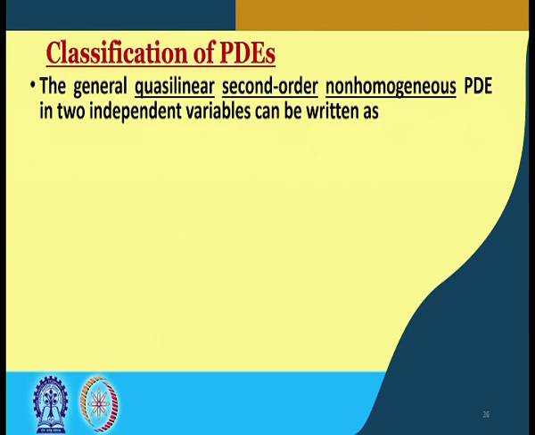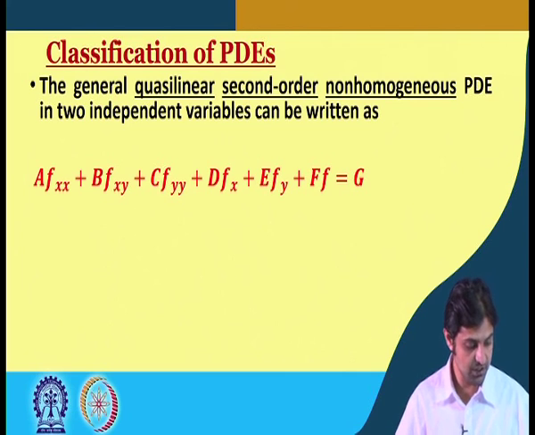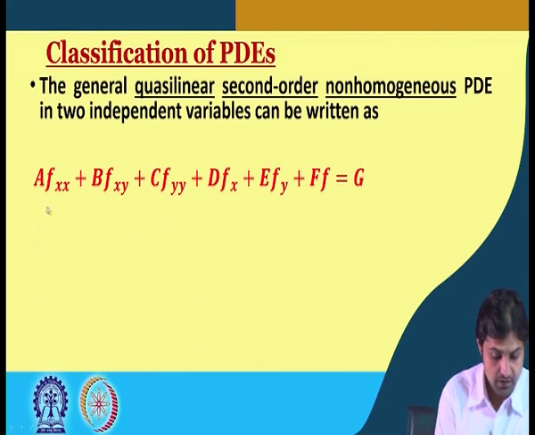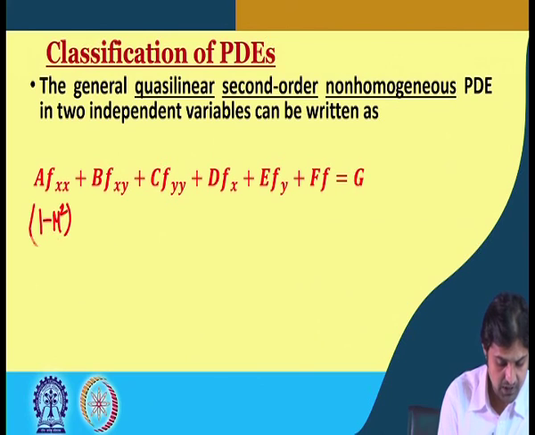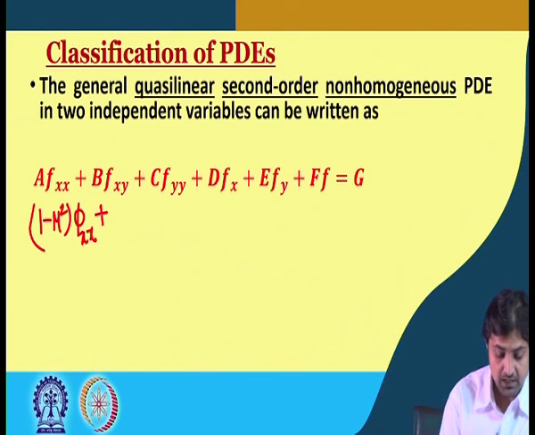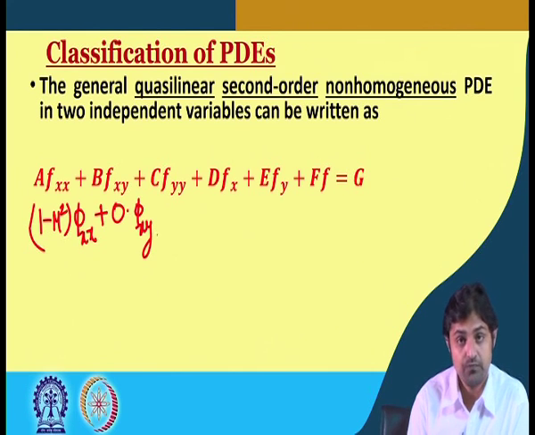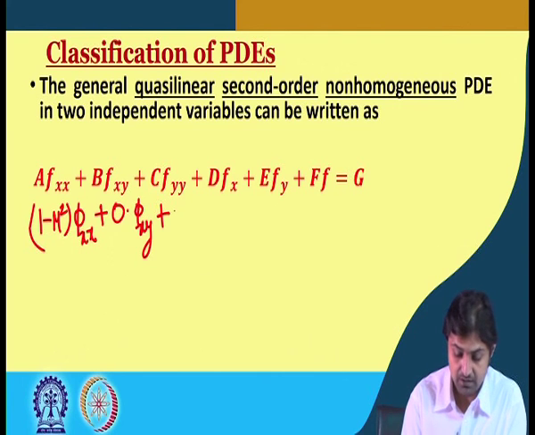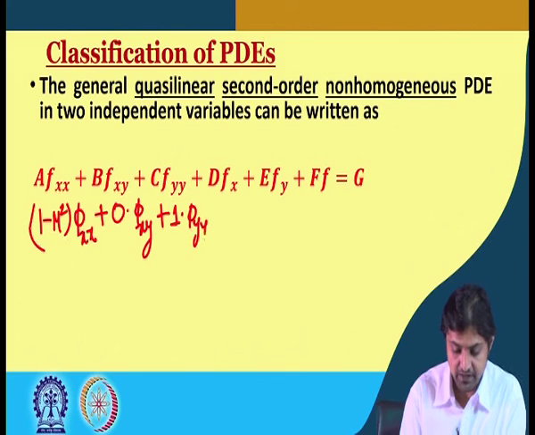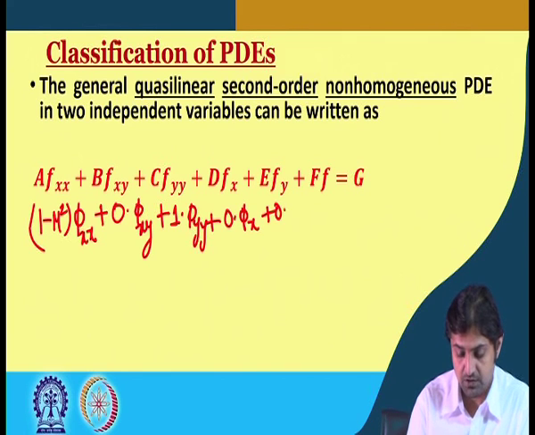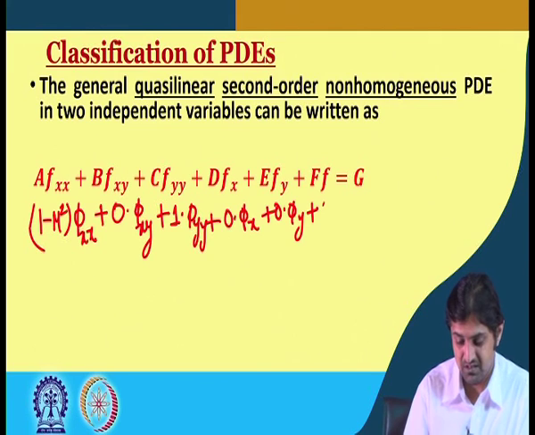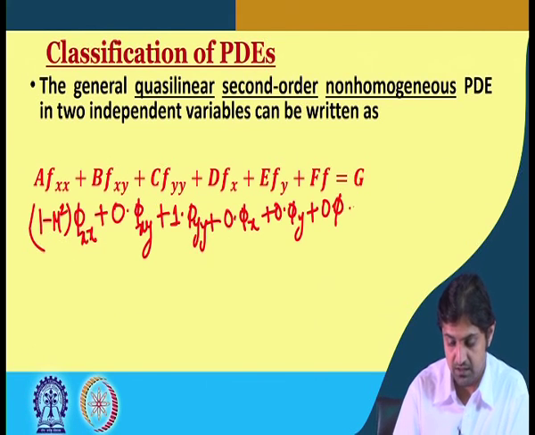So you see our equation, it is 1 minus m square, instead of f xx we write phi xx, plus there is no phi xy, so 0 into phi xy, plus c is 1 into phi yy, plus there is no phi x, so we write 0 into phi x plus 0 into phi y plus 0 into phi is equal to 0.